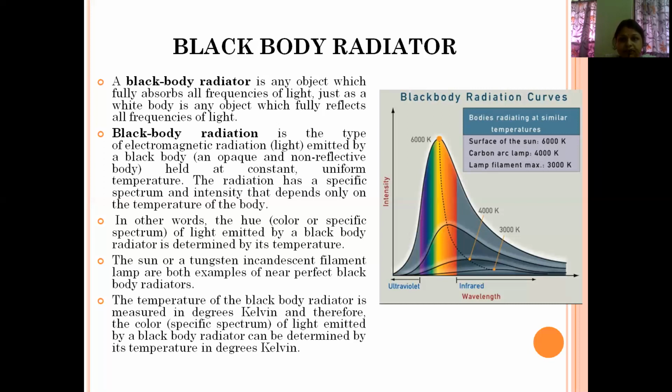A carbon arc lamp has a color temperature of 4000 Kelvin, and a filament lamp has a 3000 Kelvin color temperature.